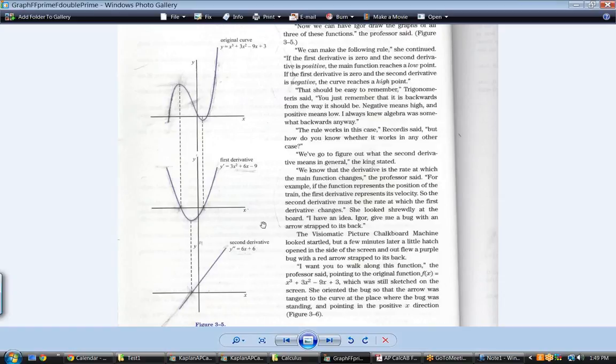This is a graph of a function, its first derivative, and its second derivative. I probably already showed this to you, because I show it to most of my students. The beauty of this is that the y-axis is underneath each one. They line up vertically.